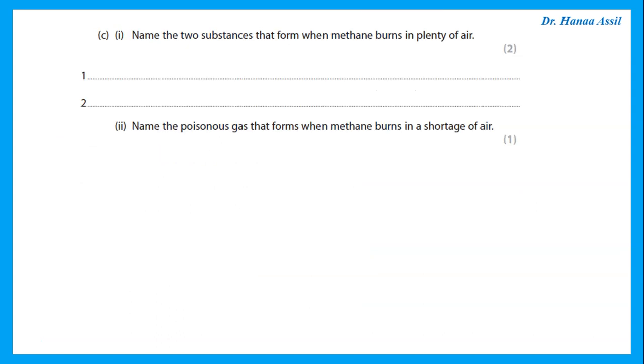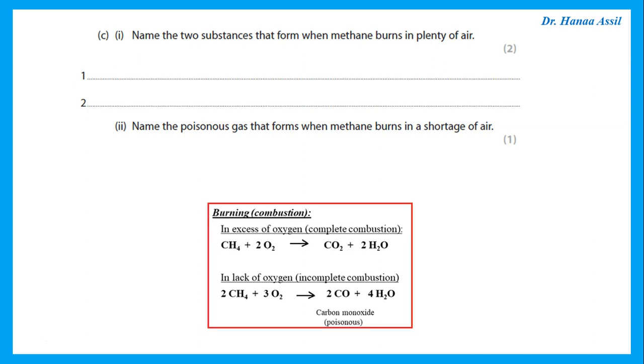Name the two substances that form when methane burns in plenty of air. I'm going to remind you that we have two types of combustion. Complete combustion is the reaction in presence of plenty of air or a lot of oxygen, and incomplete combustion is the one in which we have lack of oxygen.